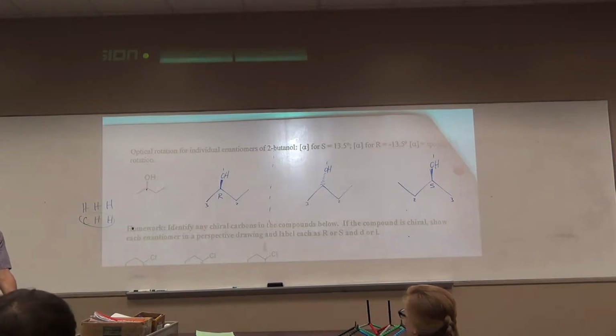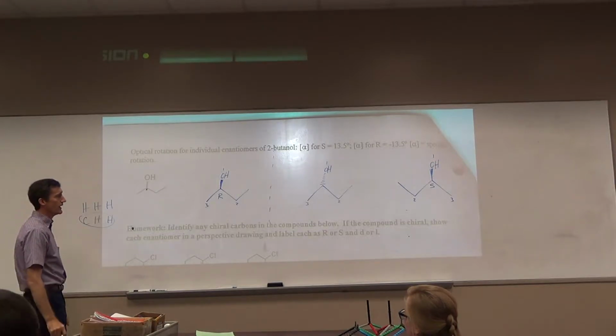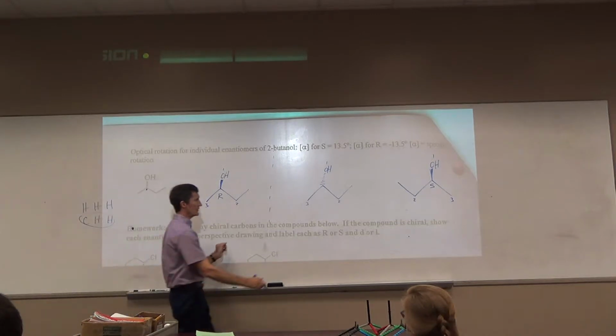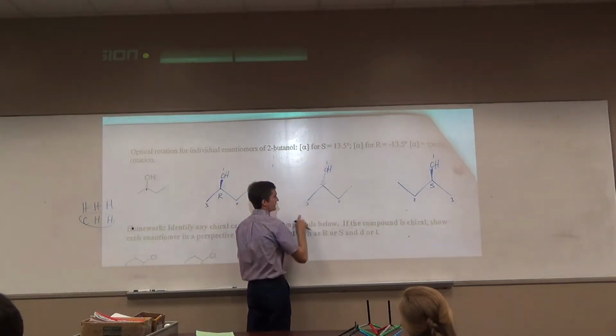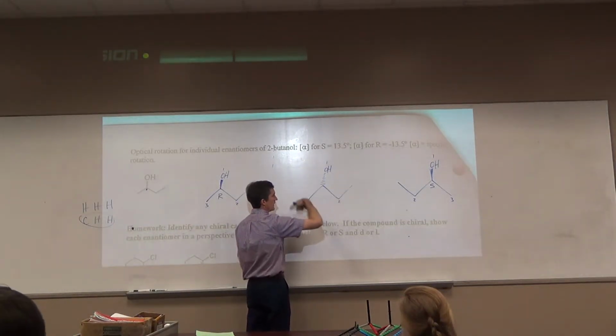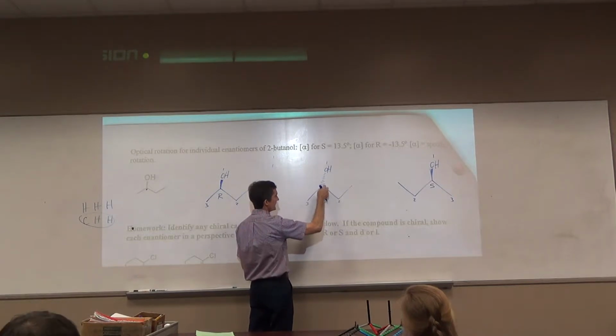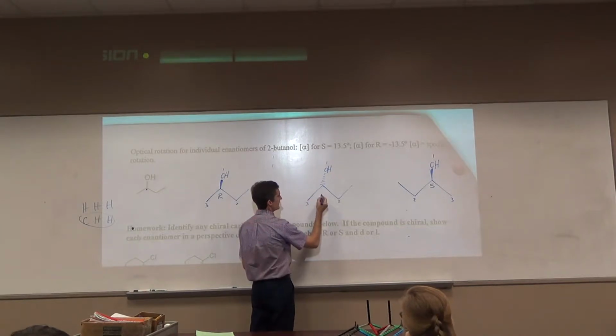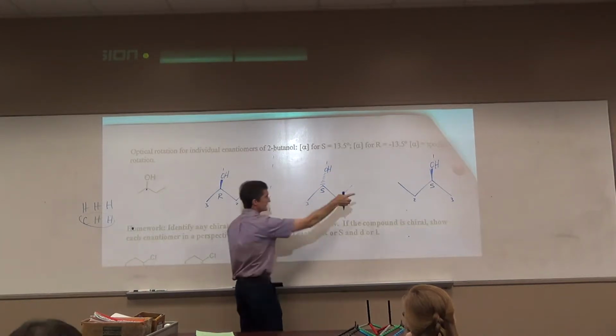Your book's going to tell you to do something. I don't know. This is what I tell you to do. If the low priority group is coming forward, you just look at your numbers, clockwise or counterclockwise here? Clockwise. But the low priority group is coming forward. You just reverse it. And so you make it counterclockwise. So this is what? S. Same as that over there.